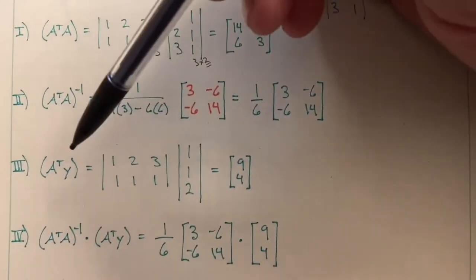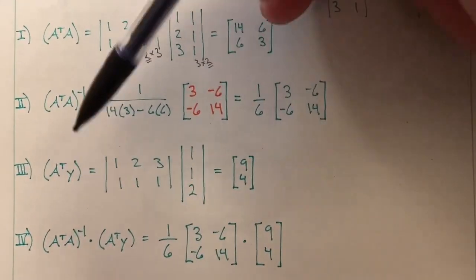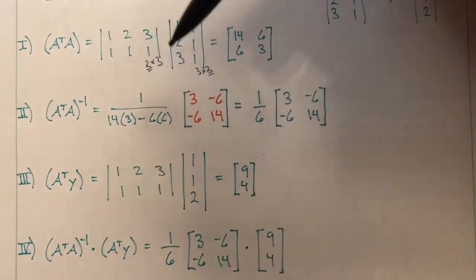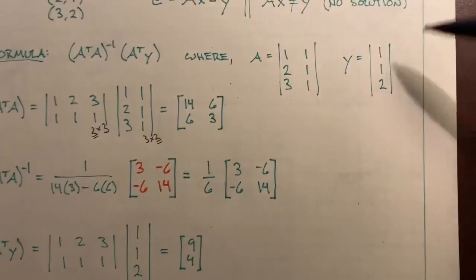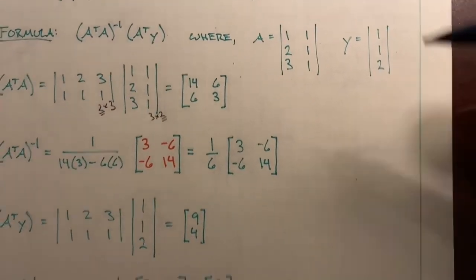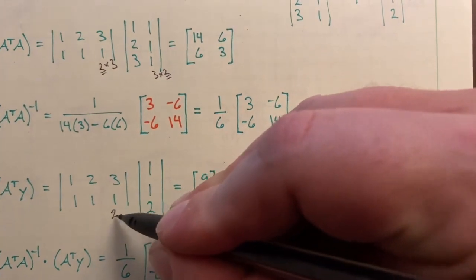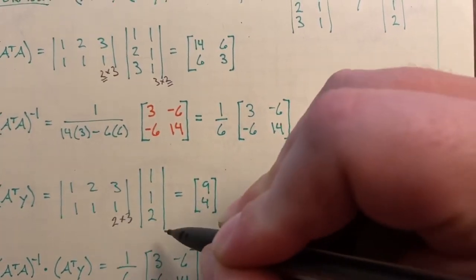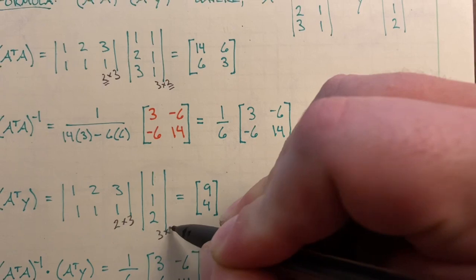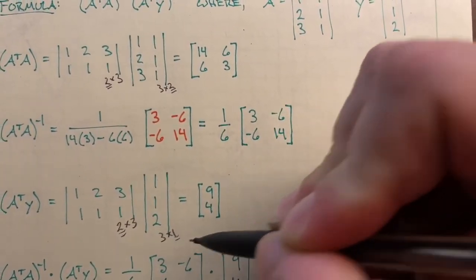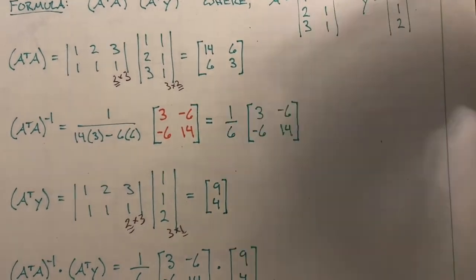Step 3, let's grab A transpose Y. So remember, A transpose was just this matrix here, and Y was this matrix over here. If we check these out, we've got a 2 by 3 here and a 3 by 1 here, which means we're going to get a 2 by 1 for an answer.